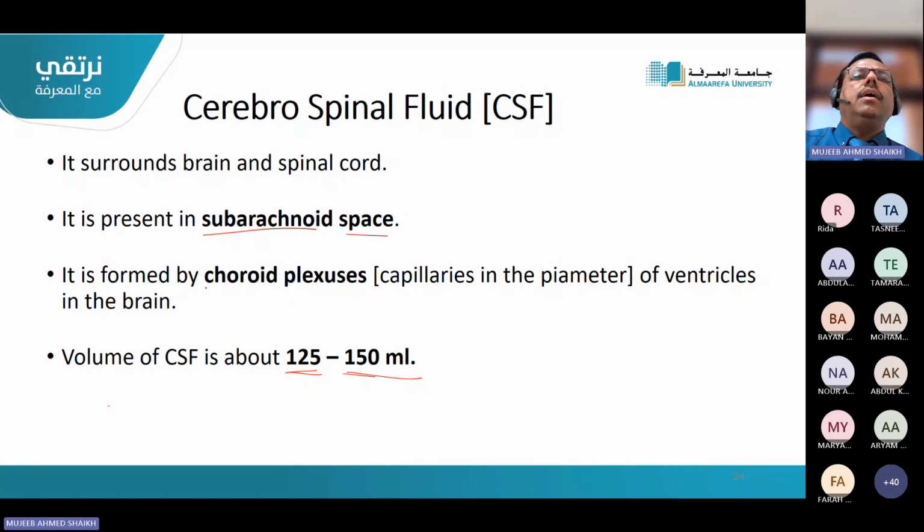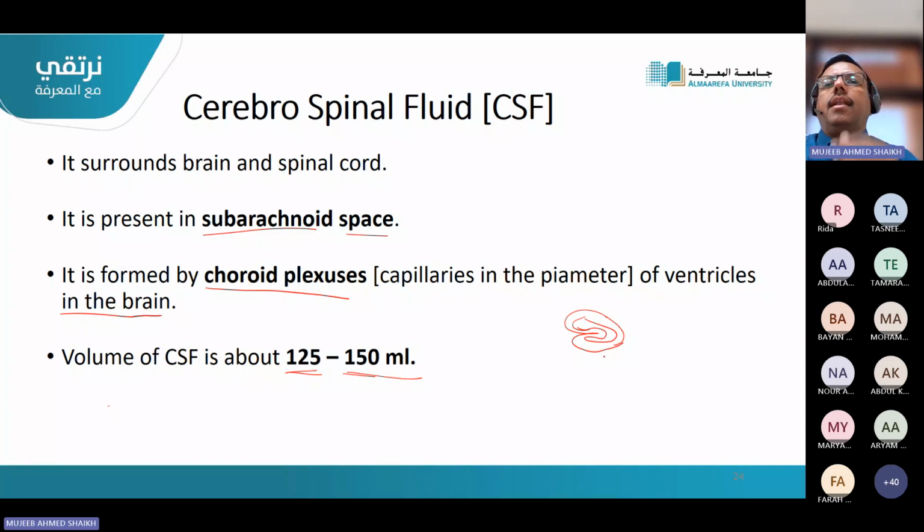It is formed by the choroid plexus or capillaries in the ventricles of the brain. I told you that the brain is not a solid structure. It has some central hollow areas, known as ventricles. If you cut open the brain, you will find some space here in the center.